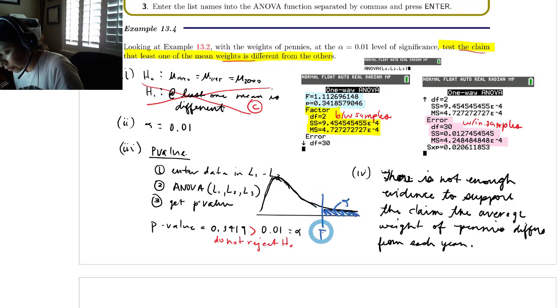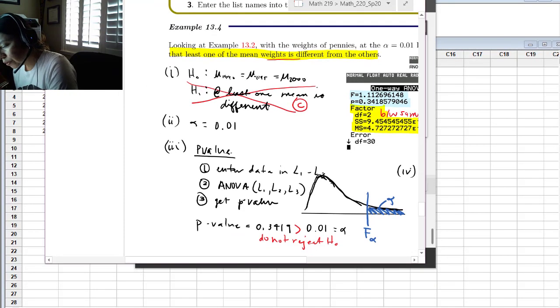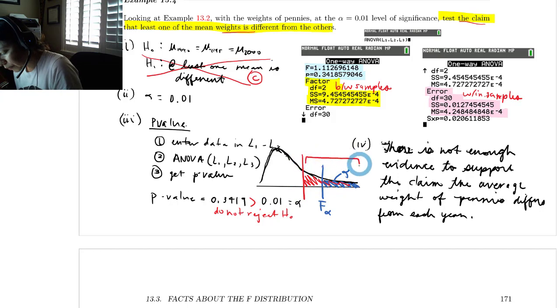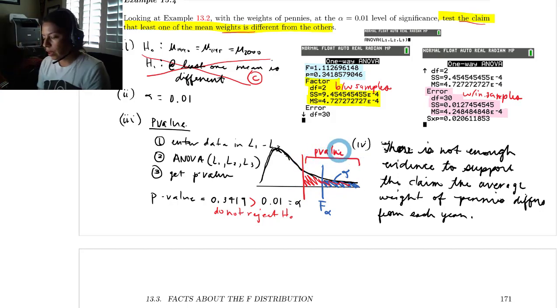And then here's the critical value, F sub alpha. And the p-value is 0.3419, which is, I would say over here. Here's the p-value, right?